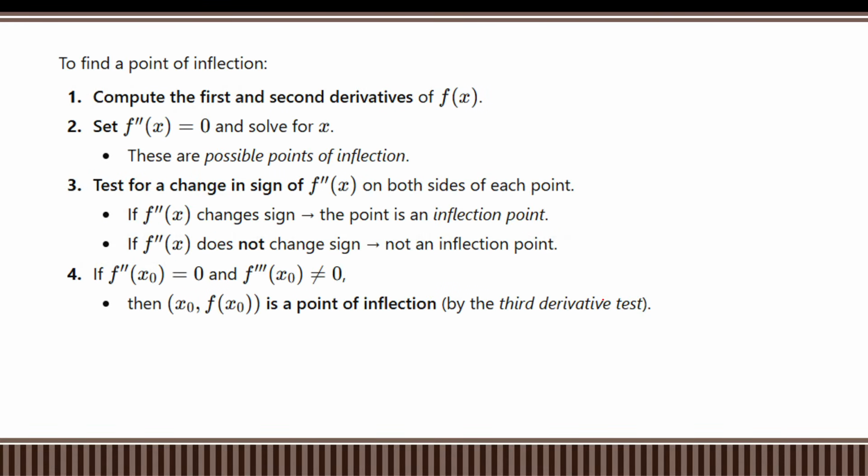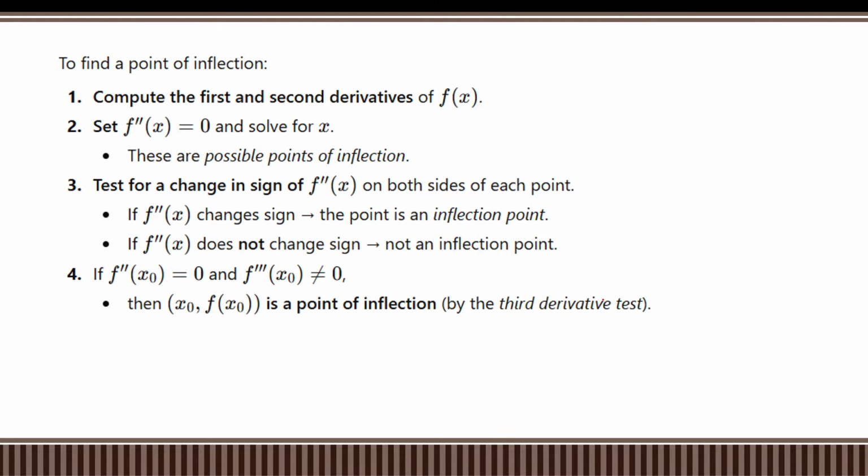Okay, so to find the point of inflection, the first step is we have to compute the first and the second derivatives of the function. Second, we have to set the second derivative equal to 0 and solve for x, which are the possible points of inflection. And the third step is we have to test the sign of the second derivative on both sides of each point.